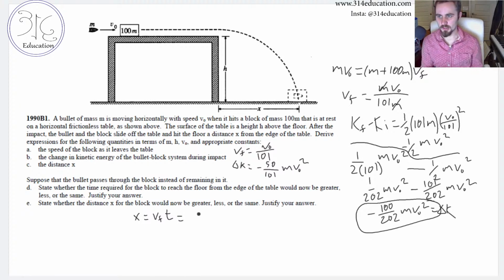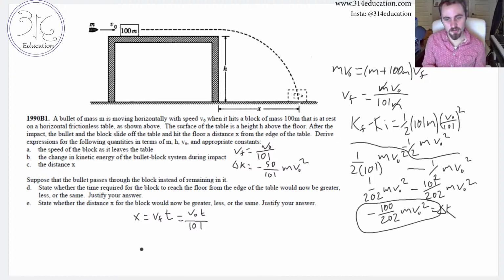Plugging in terms of things we have, that's v naught over 101 times t. But now we need to solve for this time, in terms of m, h, v naught, and appropriate constants, which is going to be g.